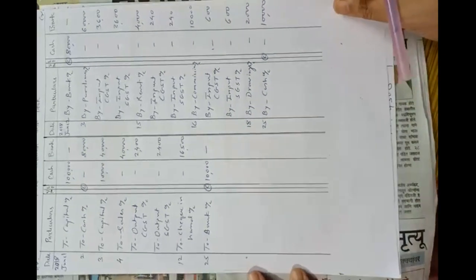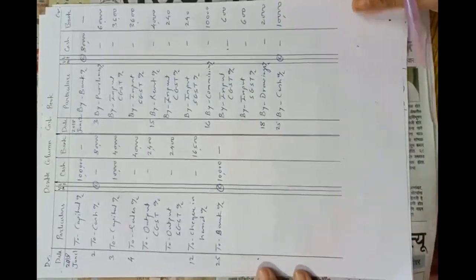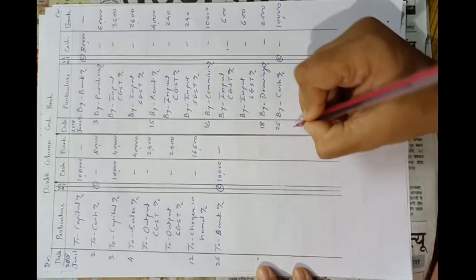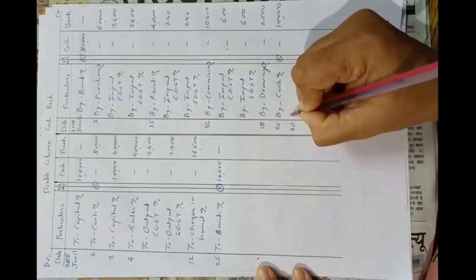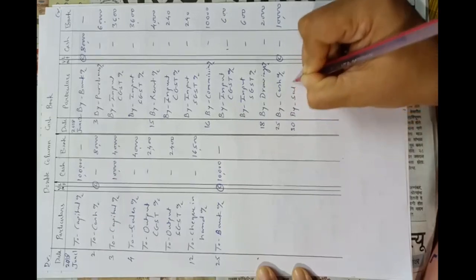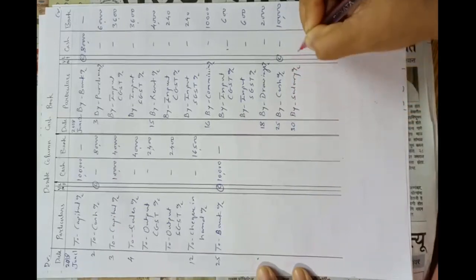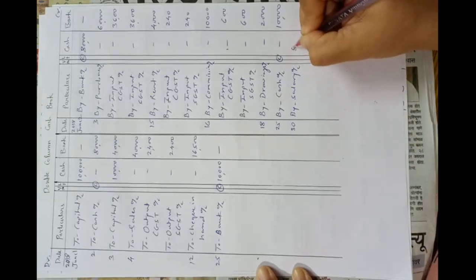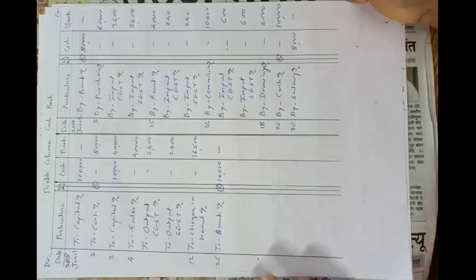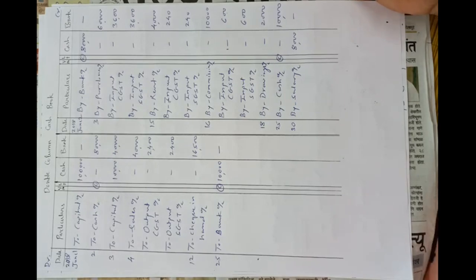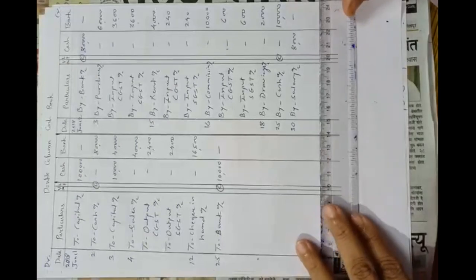This is an easy entry. On 30th June, by salary account, amount will be in cash column, because check is not mentioned, so it will be paid in cash. Okay, now we have to tally cash account, and that is cash column and bank column.